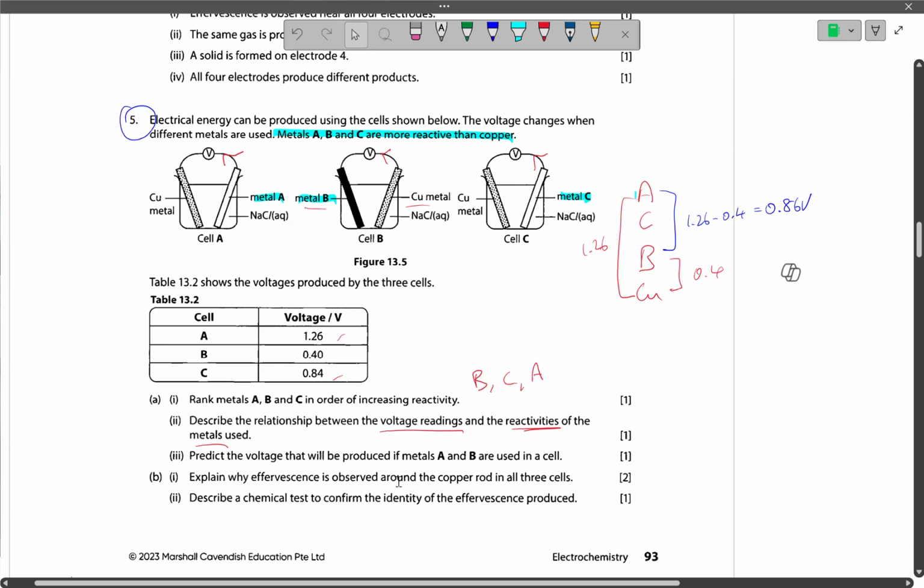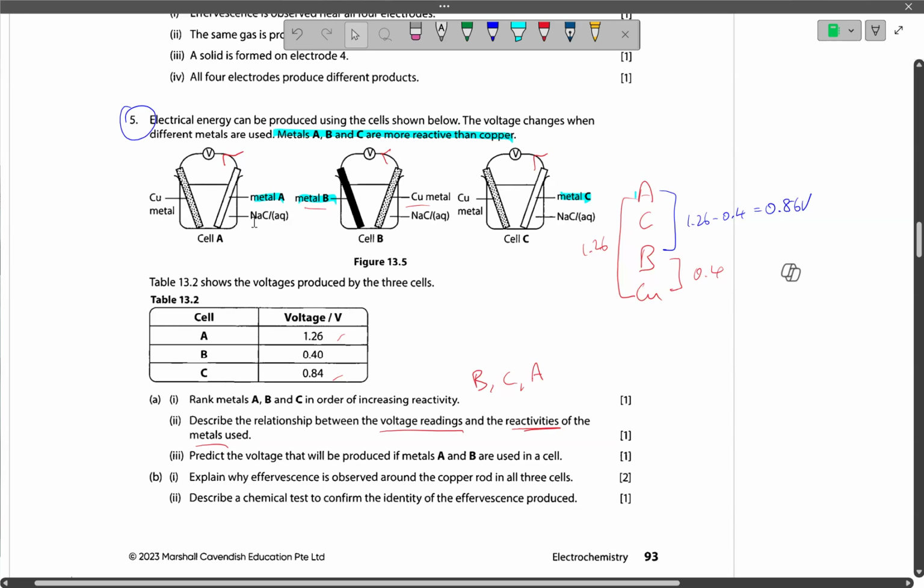Okay, why is effervescence observed around copper in all three cells? Now, copper is a less reactive metal. It's where the electrons will come from the external circuit into the copper, and the ions discharge, which are sodium and hydrogen. Sodium cannot compete with hydrogen. Only hydrogen can discharge because of its lower position in the reactivity series.